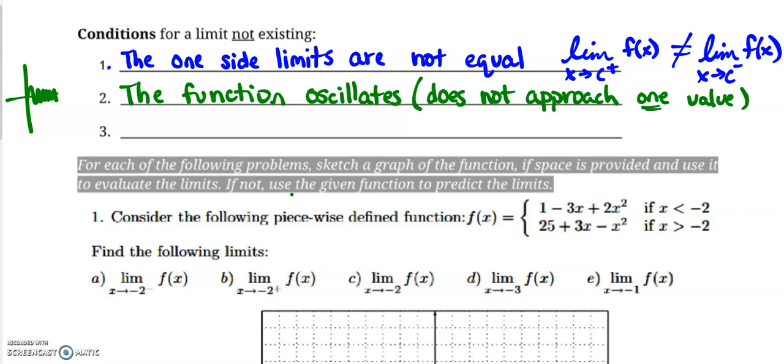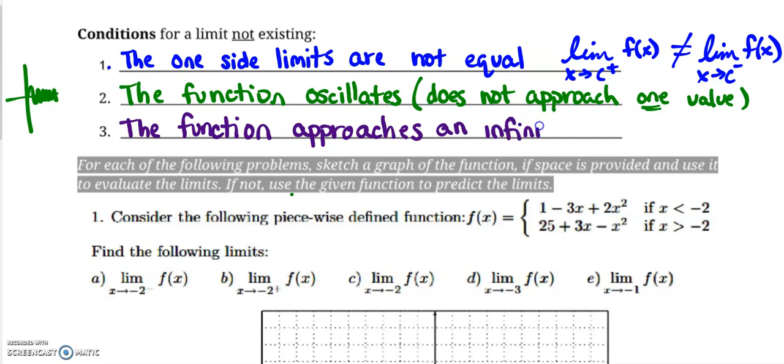Technically, the limit doesn't exist if the function approaches an infinite value.